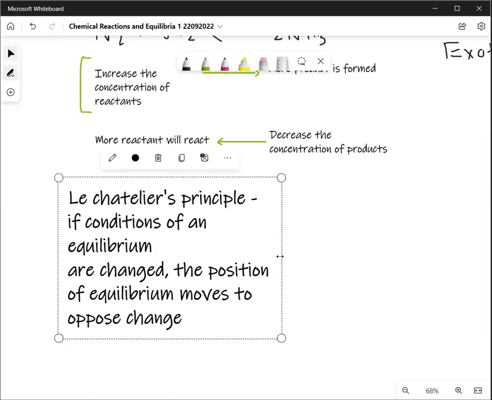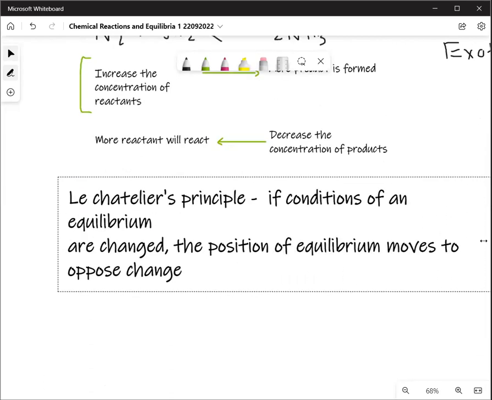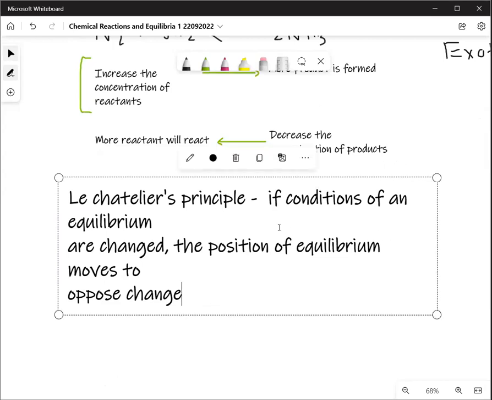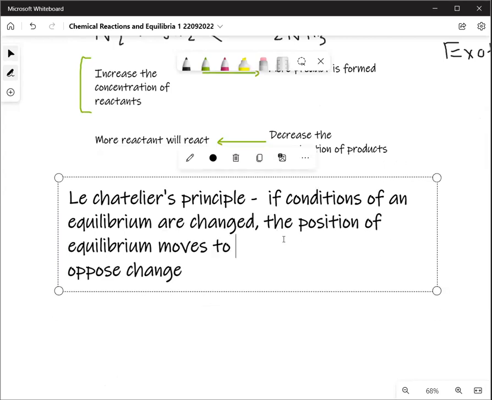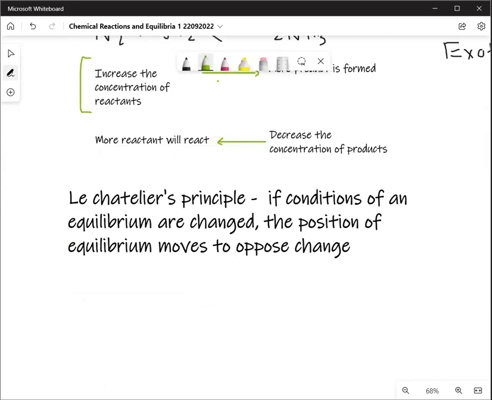Write this in your notebook. I have to learn it by heart. Yes, this is another definition for 3 marks.